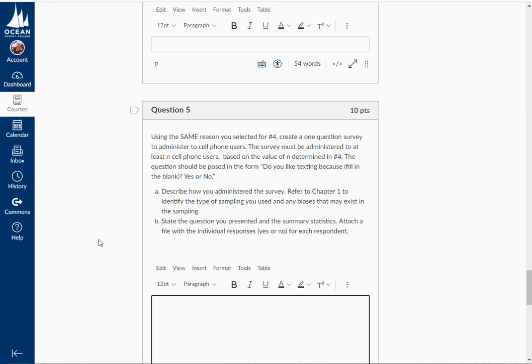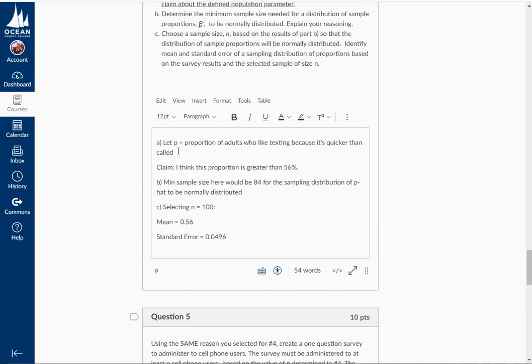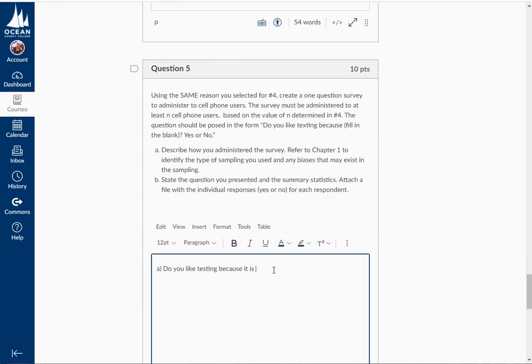The question should be posed like this: Do you like texting because, and then fill in the blank, it is, and I selected quicker than calling. Imagine that you were going to write a survey to do this and talk about how you would administer the survey, and talk about any bias you might have.